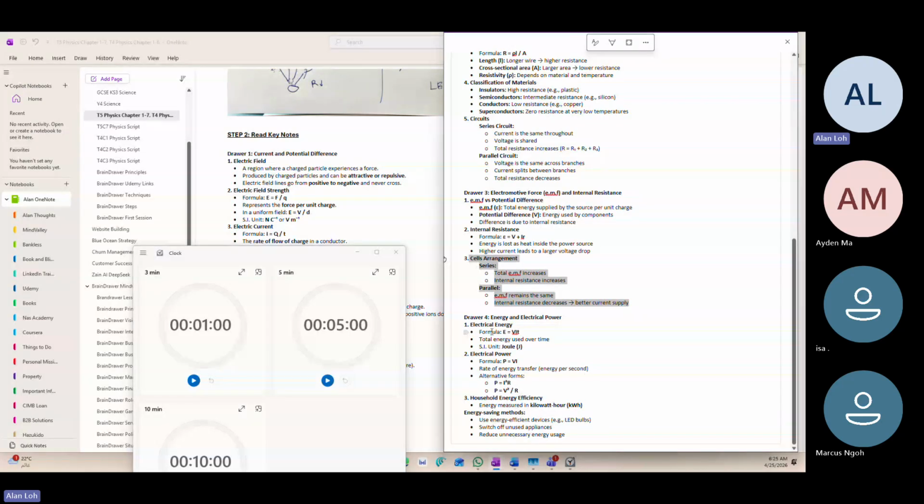For drawer 4, you also have 3 points. Like I said earlier in this class, there are many formulas and new terms that you need to understand. That's the reason why this chapter is a bit more difficult than the previous few chapters that we have learned. But it's fine.